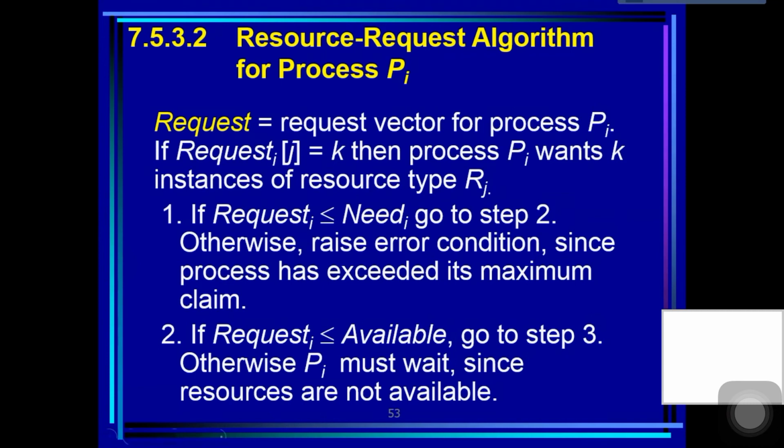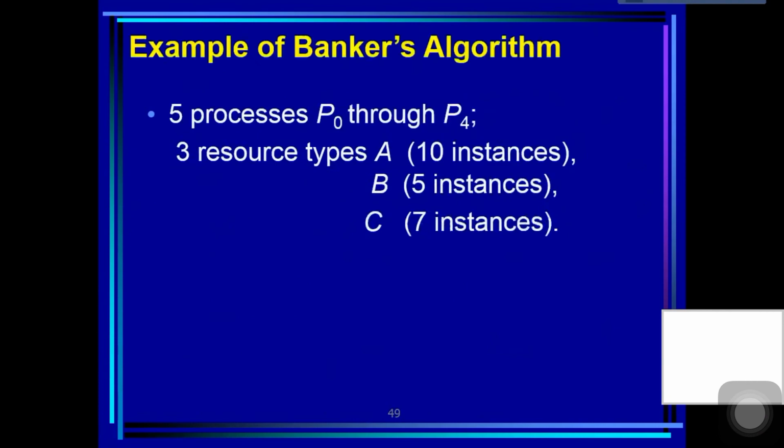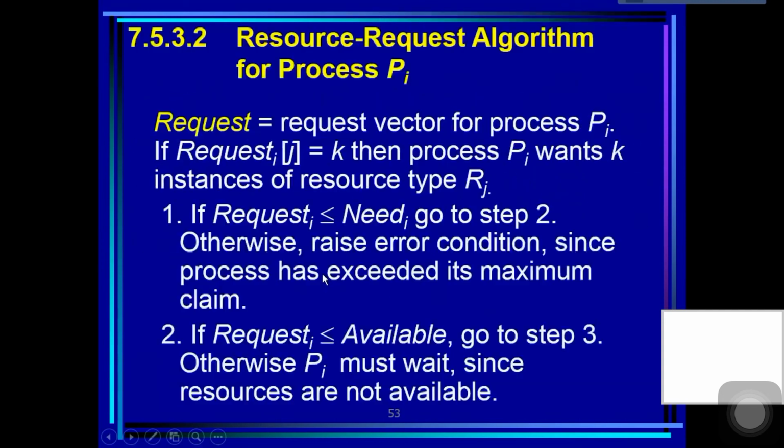Because the banker's algorithm requires that at the beginning or at the starting point, all the processes must claim the max requirement for the resources, okay, before execution. So we first must determine if its request is smaller than its need.